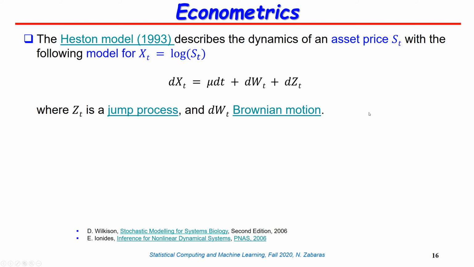So for those who are not familiar, I don't want to spend much time, but a jump process is in essence a stochastic process that has discrete movements that we call jumps. That's why it's called a jump process, and also these discrete jumps come with random arrival times.